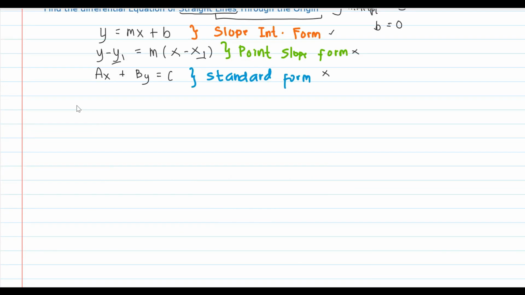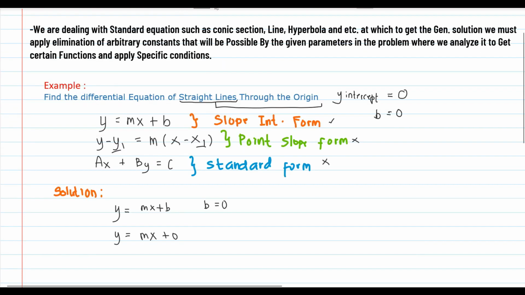For the solution, we use the first equation, y equals mx plus b, at which b equals 0. We substitute y equals mx plus 0. As you can see, we are already done in this part.